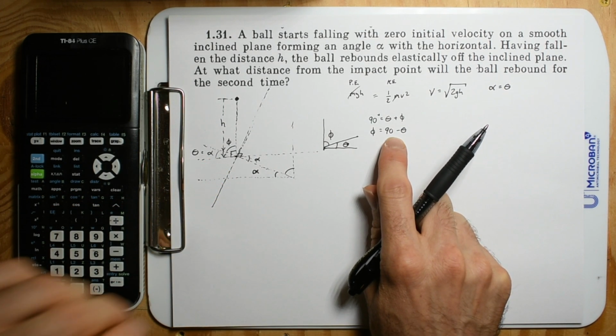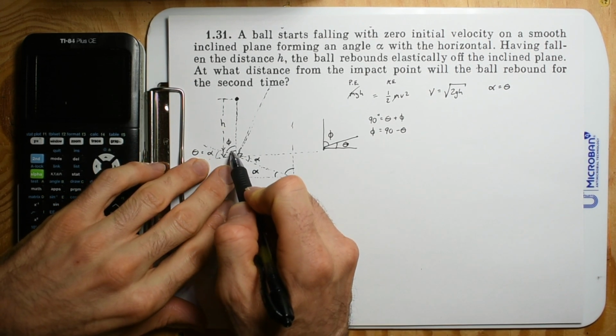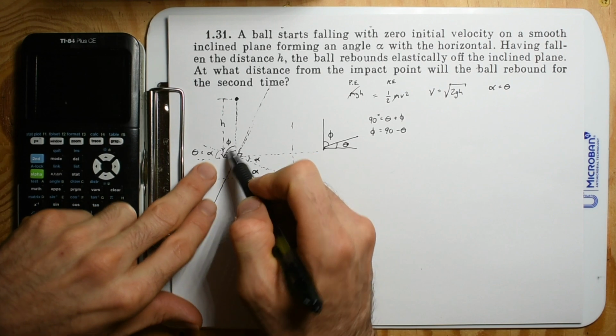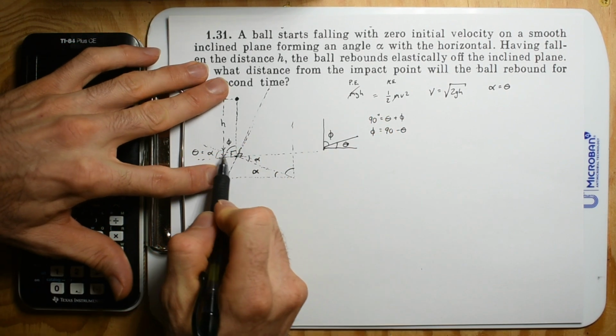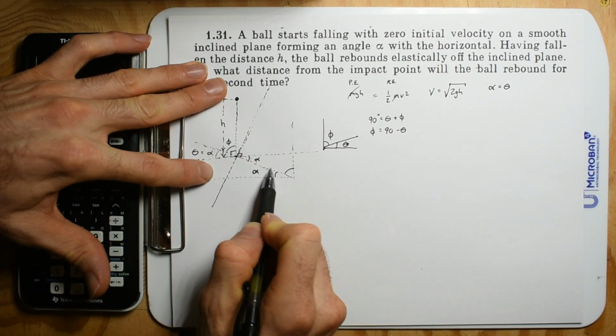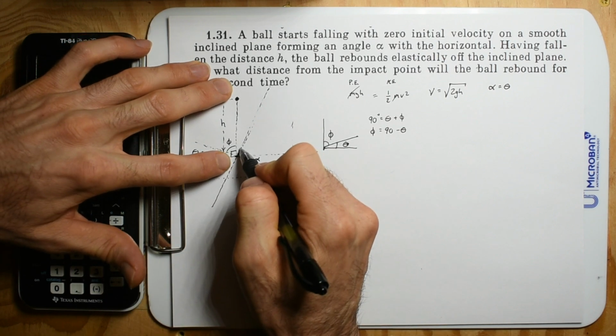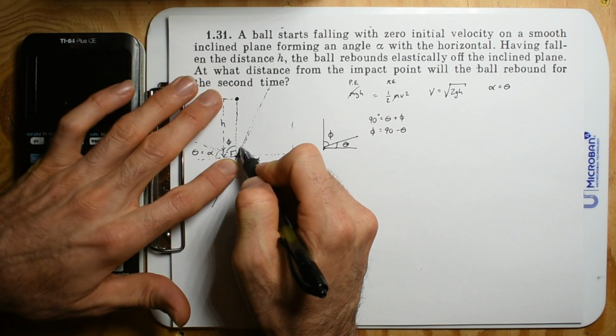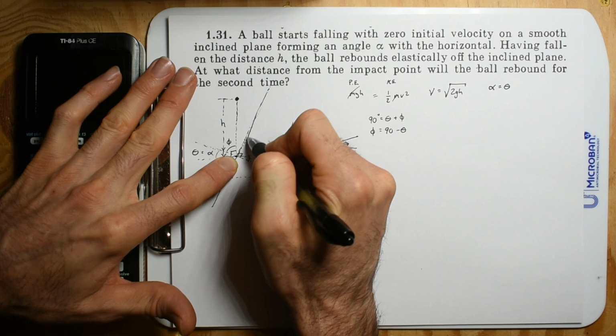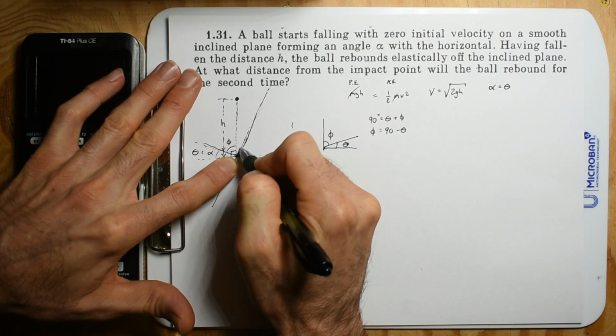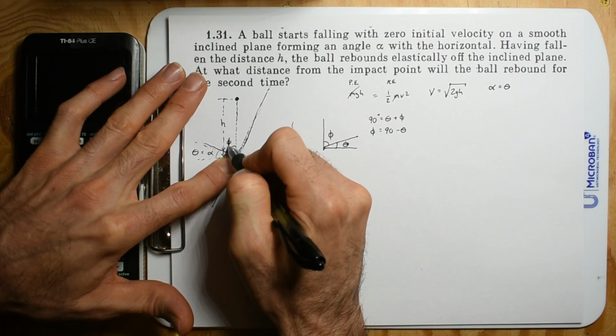If we know that this 90 is covered, now we can go up to this line across and say we have another 90 degrees between, right in here. So this is phi.